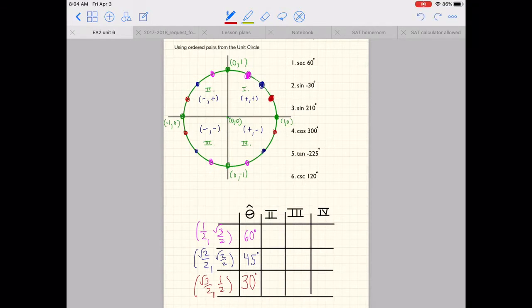So 180 minus 30, and then in quadrant 3, you always add 180 plus the angle. And in quadrant 4, you actually have to start at 360 and go back 30. So, of course, 330. All right, go ahead and fill in for 45 now.